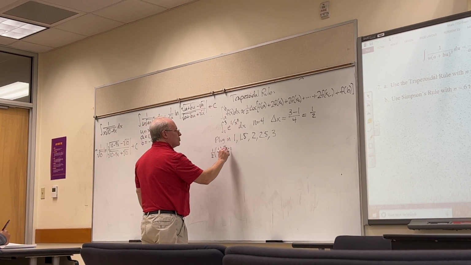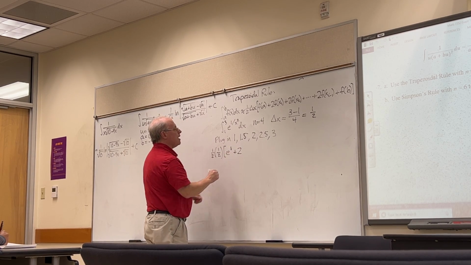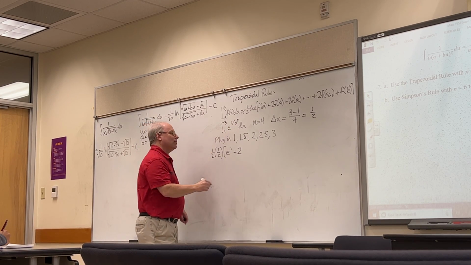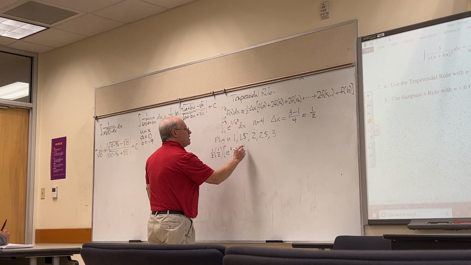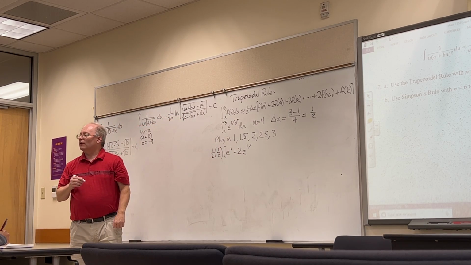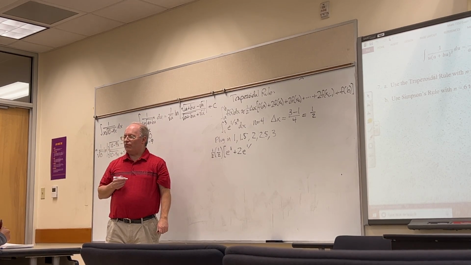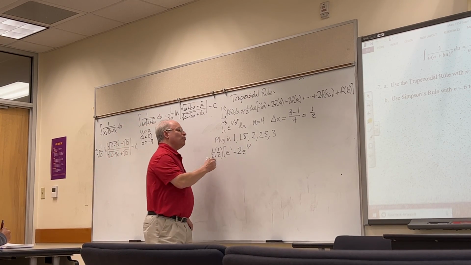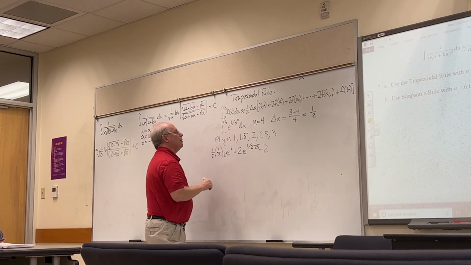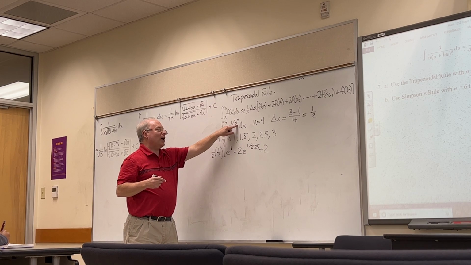Plus 2 times, and now you plug in x equals 1.5, so 2 times e to the 1 over 1.5 squared. What's 1.5 squared? It's 1.5 times 1.5, which is 2.25, because we're plugging 1.5 in for x.